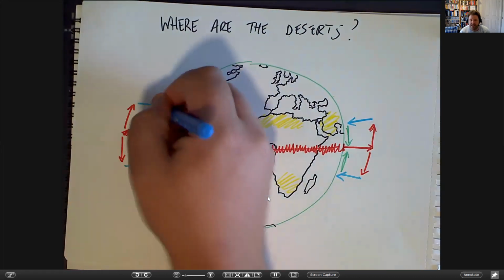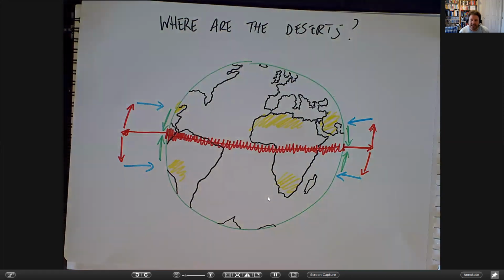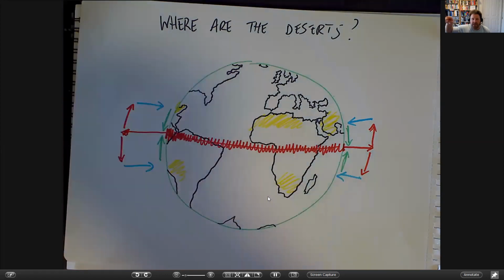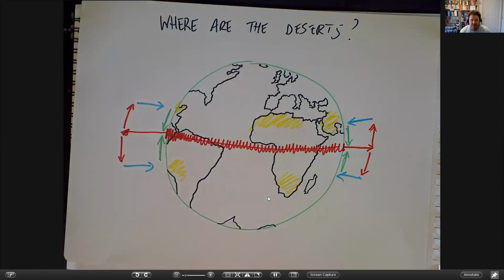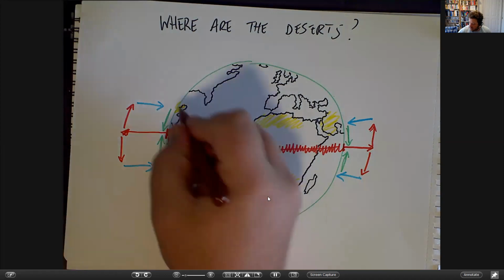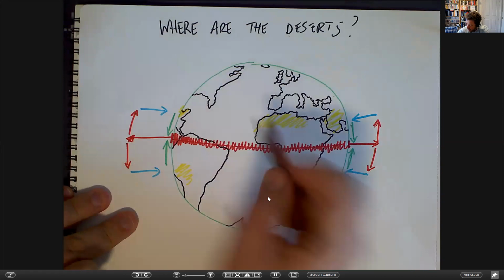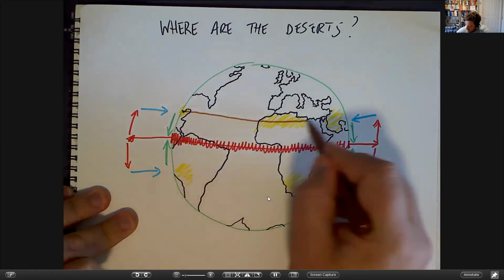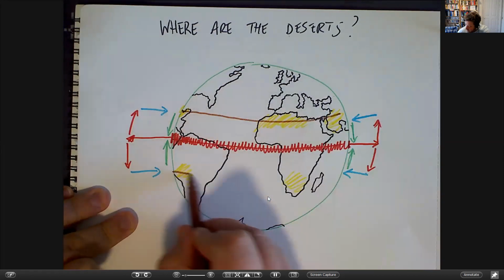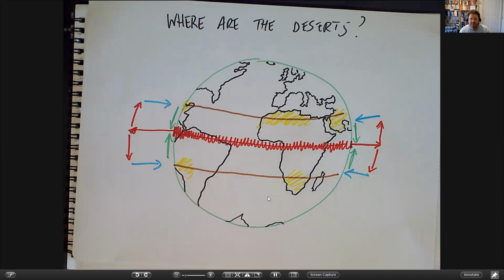And it turns out that just because of the exact temperature gradients on Earth and because of the momentum that these things build up, it turns out that that whole convection current circle takes up about 30 degrees of the Earth's latitude. So at 30 degrees, that's where that cold air comes down.